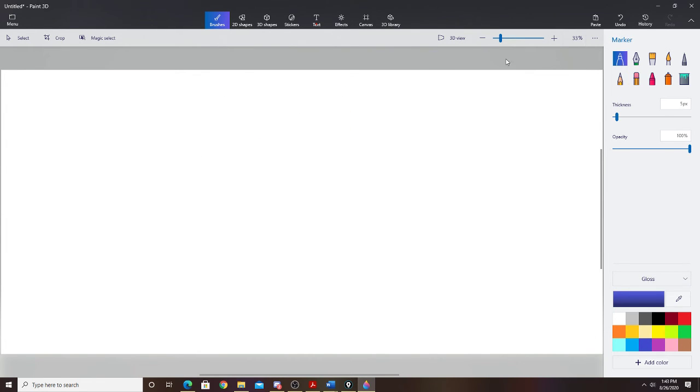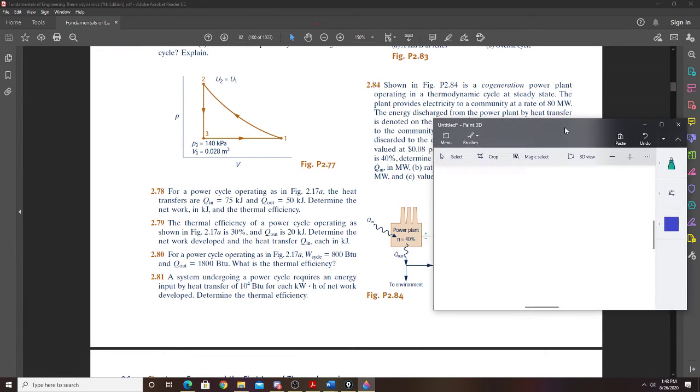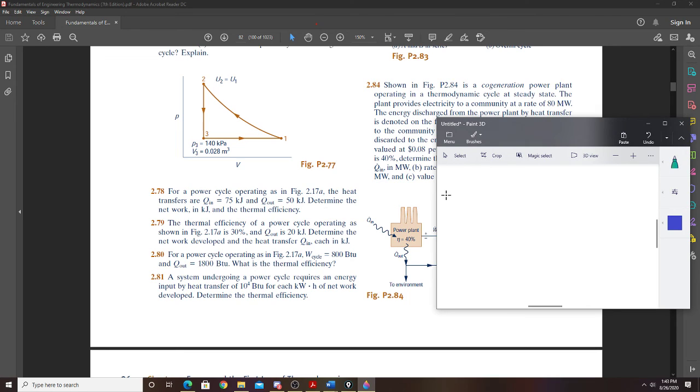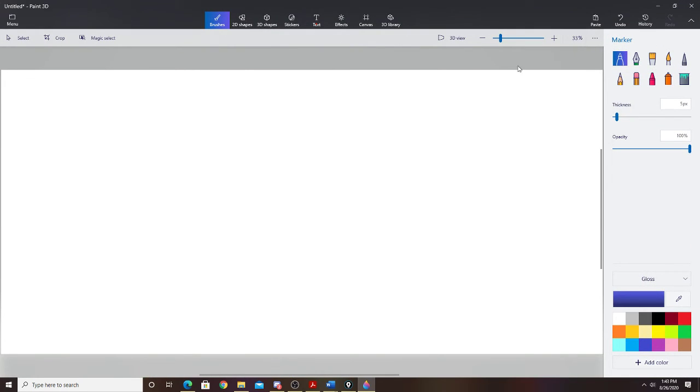So what it says is, for a power cycle operating as in that figure. That figure is the one that we saw in the chapter, the one that I explained, the ins and outs of the heat transfers. That's where that figure is. It's 2.17a. I've got to get the text tool.